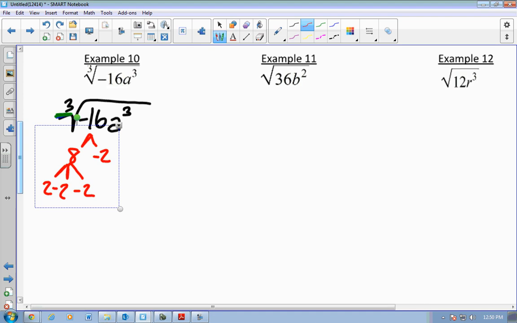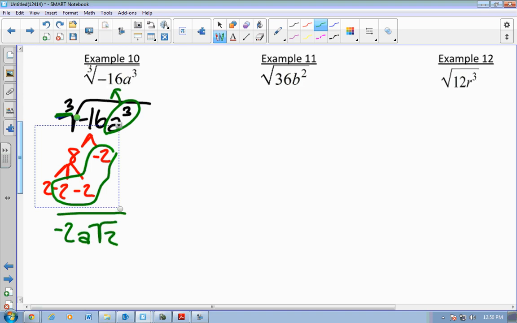So it's still negative 16, yes? And I have a triplet of negative 2's. So I can pull out a negative 2. Also, I can pull out an a and root 2. So we want to try to look to pull out that negative if we can, which is, I know, different than how we just did prime factorization.